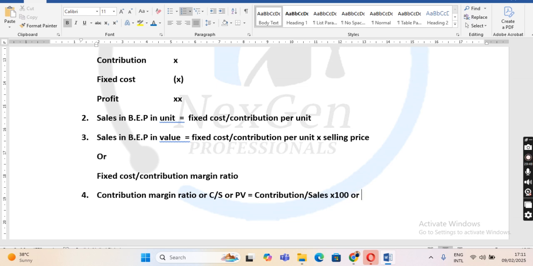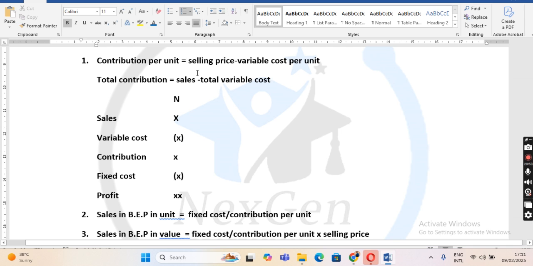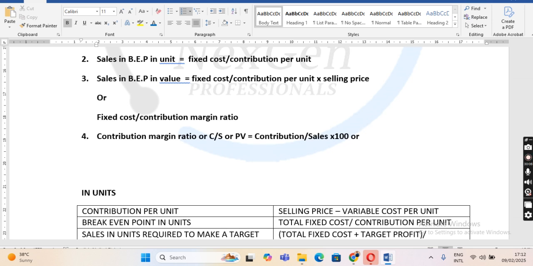Or maybe it depends on the question, right? What will give you contribution, class? What is the formula for calculating contribution? Selling price minus variable cost. It could be sales or selling price.